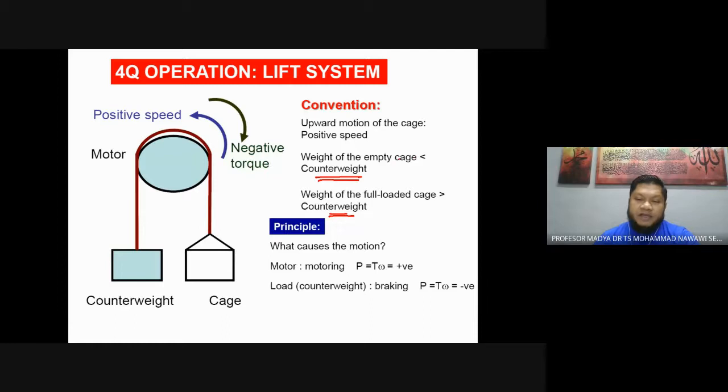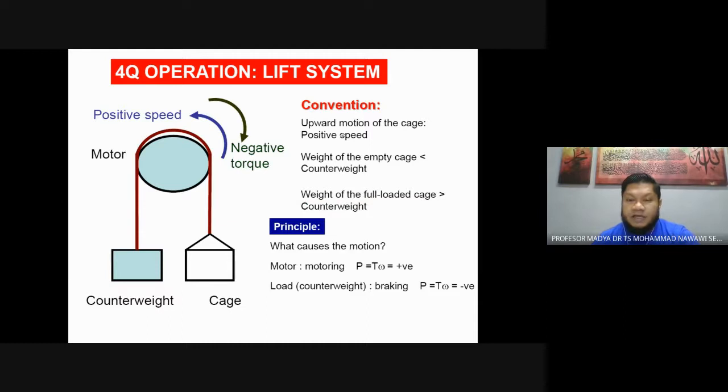So that's why the maximum weight for your cage is specified. The maximum is to define this, right?